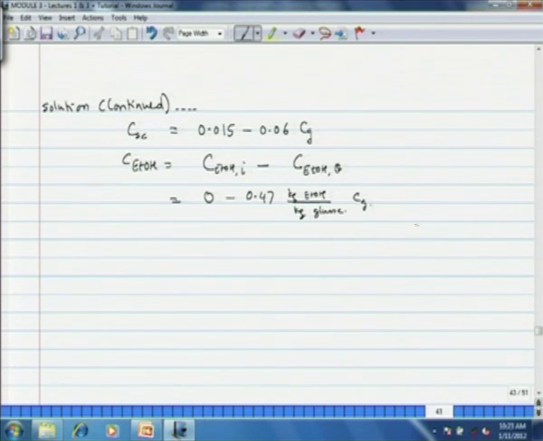And now we substitute everything into the expression.